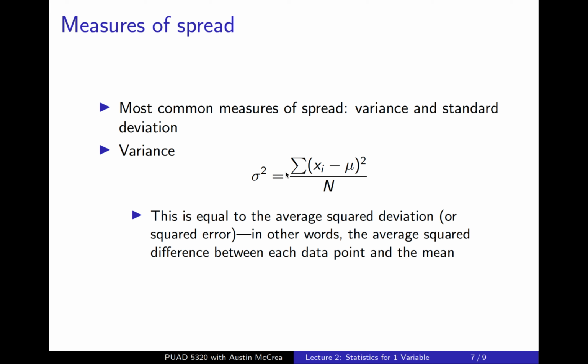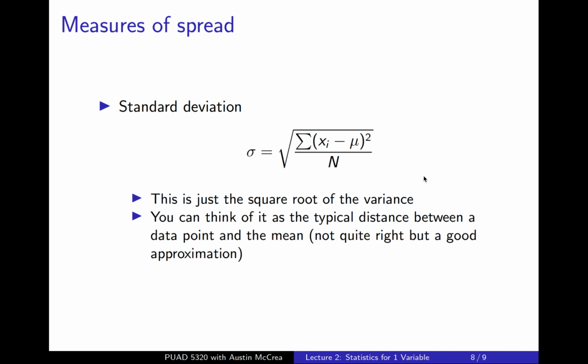And then once you calculate that, you divide everything by the total number of observations. And so this is actually equal to the average squared deviation. Or in other words, it's the average squared difference between each data point and the mean. So it's effectively capturing spread.